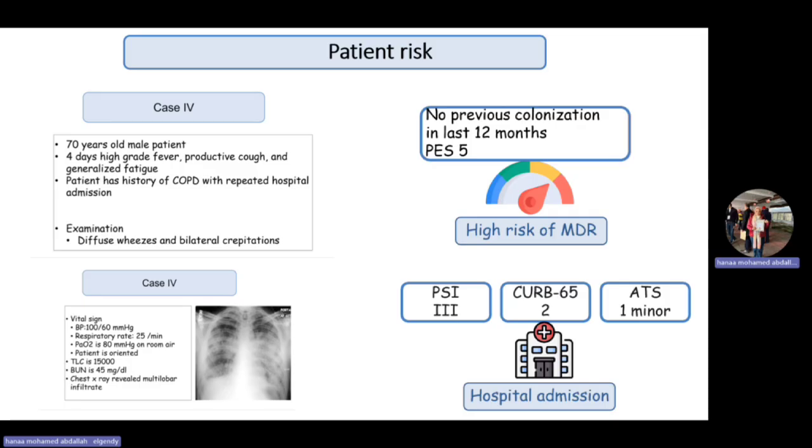PACE score is 5, high risk of MDR, yes. PSI is 3. ATS has 1 minor criterion. So this patient will be managed with hospital admission. So age is not always the risk factor; it might be the comorbidities more than the age, or the acute illness for which the patient was admitted to the hospital.